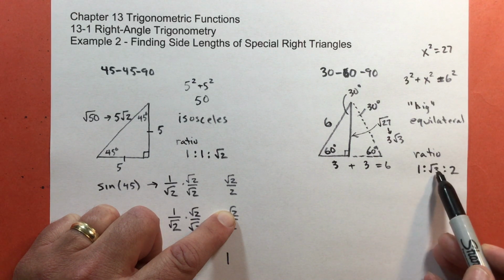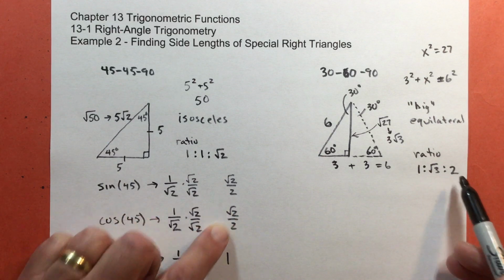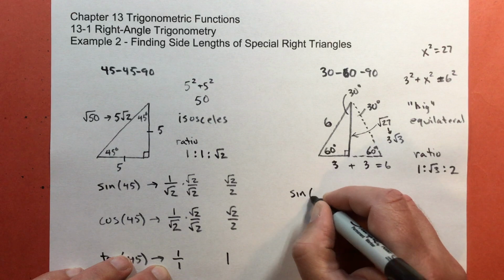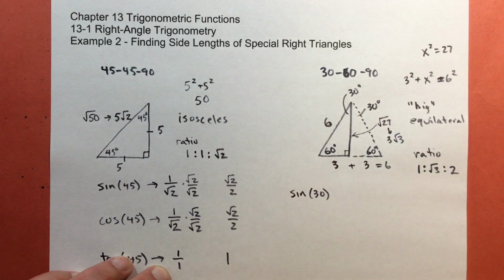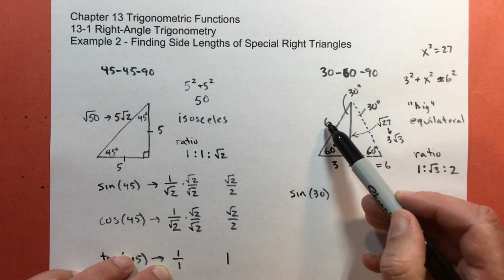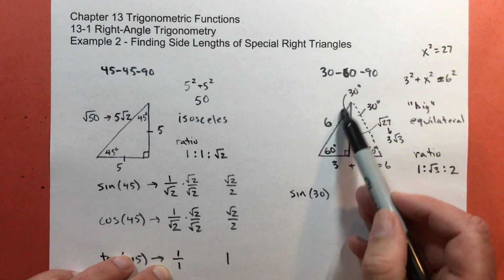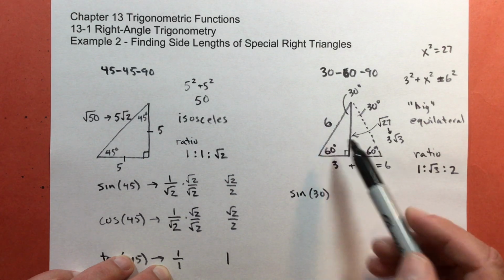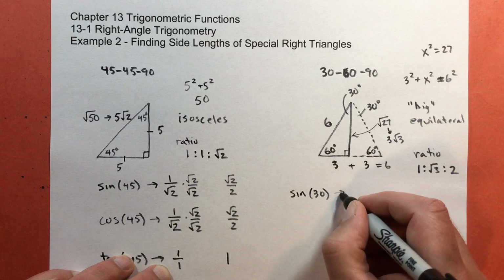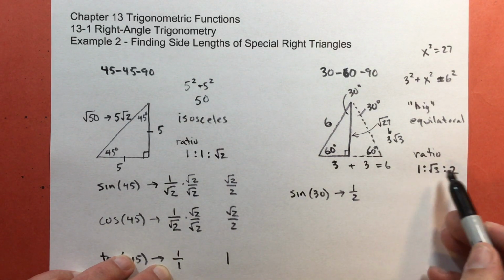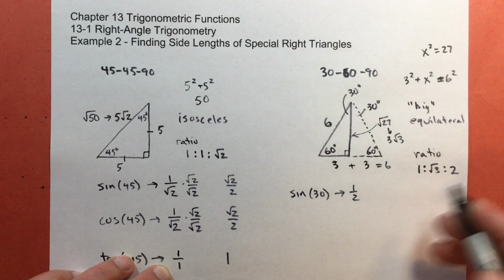So the sine of 30 degrees, and my 30 degrees is right here, is opposite over hypotenuse. In my original triangle here, the fraction is 3 over 6. 3 over 6 is going to reduce to 1 over 2. And that's short leg over hypotenuse.